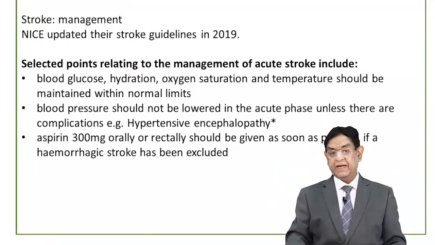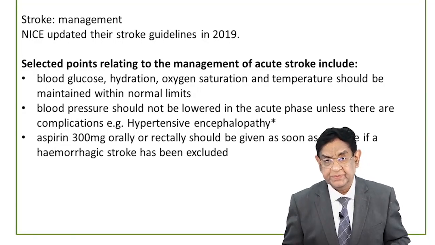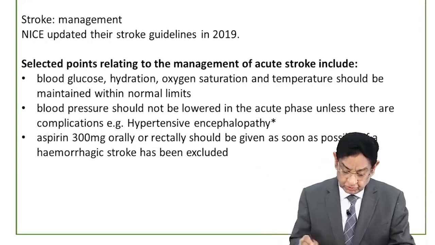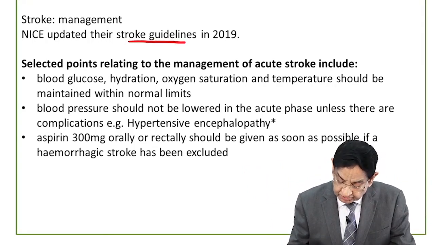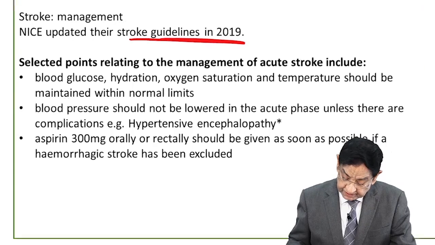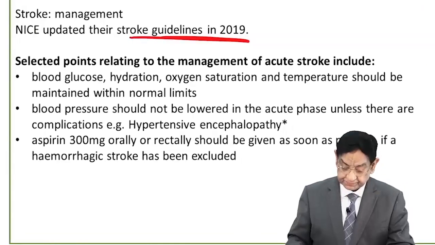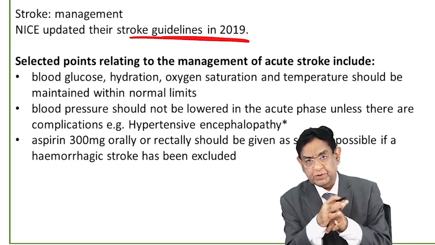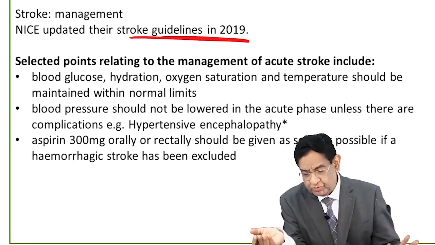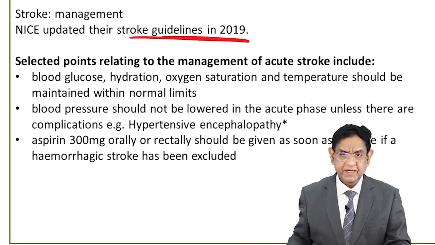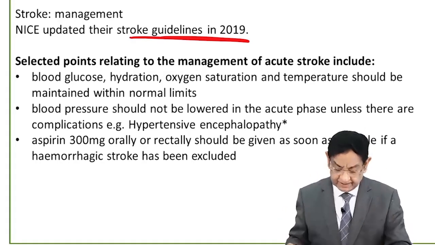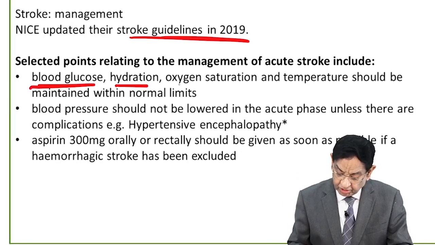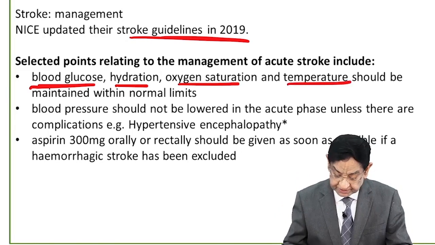So, as per NICE guidelines 2019, let me discuss in great detail. What it says: it is true that the patient has come to us with stroke and we have to do a lot of intervention. But before that, take care of the blood glucose, hydration, oxygen saturation and temperature.